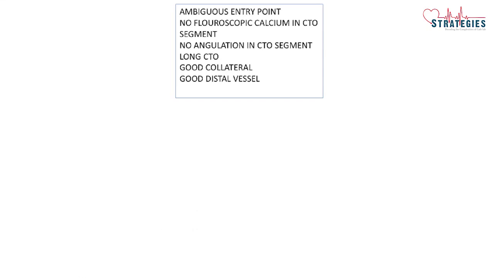When you put things into the hybrid algorithm and analyze, this patient has an ambiguous entry point. There is no fluoroscopic calcium in the CTO segment and no angulation. It's a relatively long CTO, and there is a good collateral, and the distal vessel is pretty good.